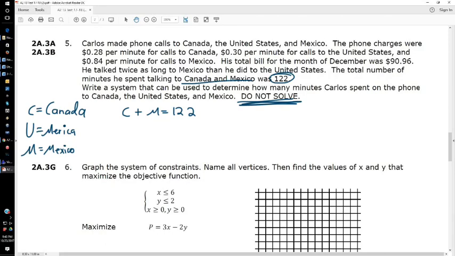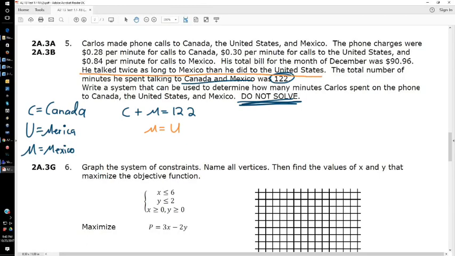What else? He talked twice as long to Mexico as he did to the United States. That's our comparison. So what I'm going to do is say Mexico equals the United States, and we got to multiply one of them by 2.